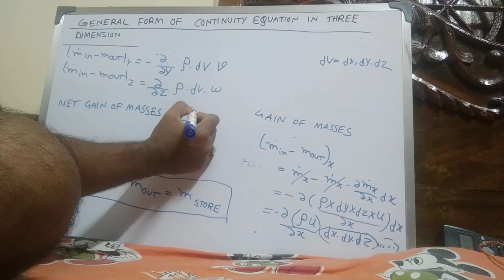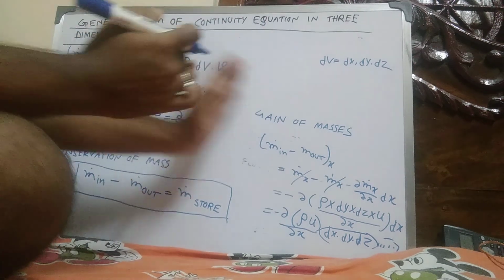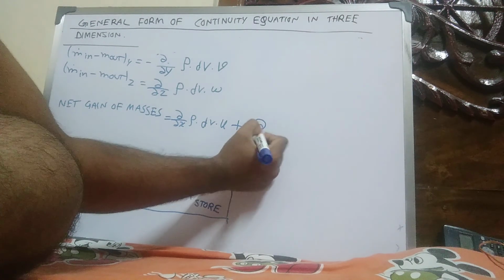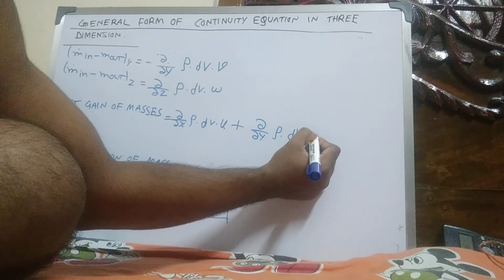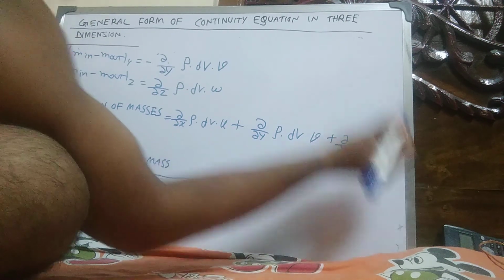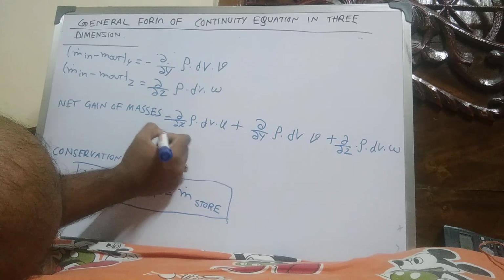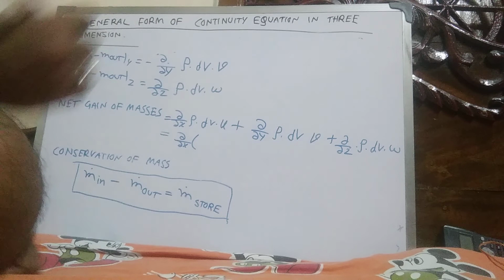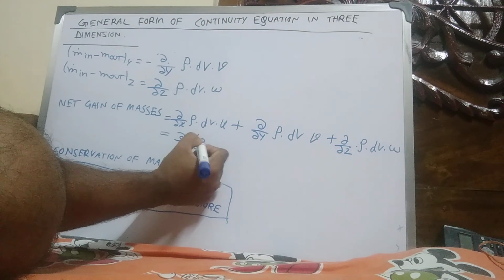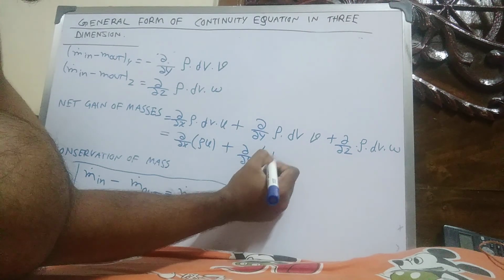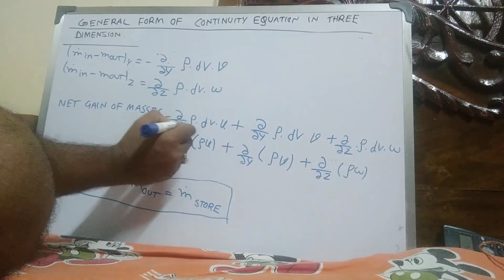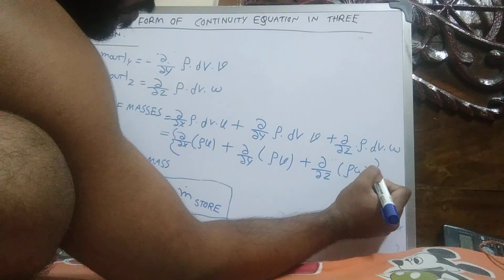So d by dx of rho u plus d by dy of rho v plus d by dz of rho w, into dv common, is the net gain.